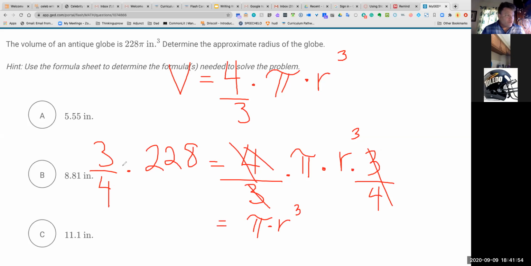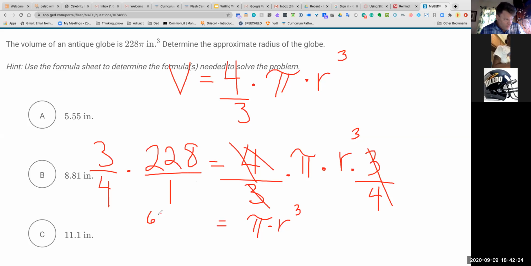Now we have some work to do over here. So we always remember, when we multiply fractions, multiply across the top, multiply across the bottom. 228 is a whole number, but it has a 1 down here. So I'm going to get my fancy calculator, and I'm going to multiply across the top. 3 times 228 equals 684.